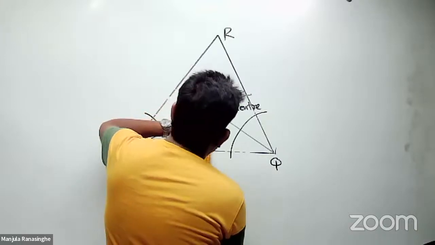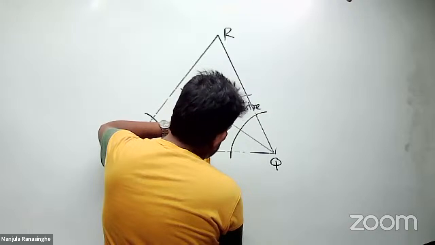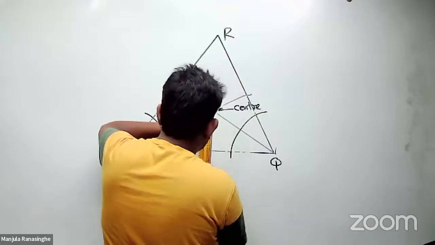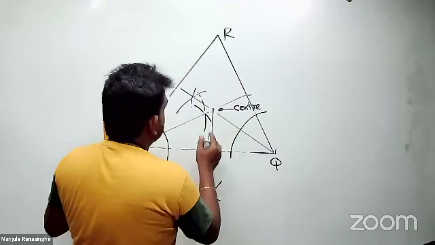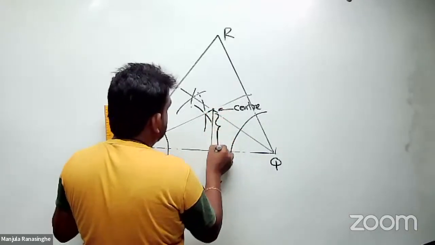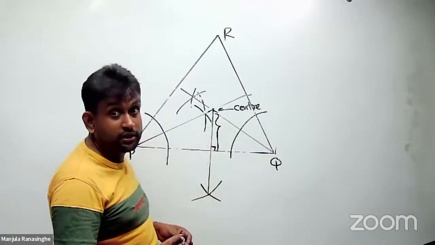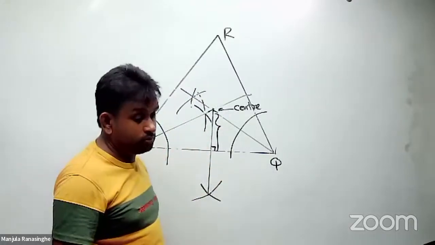And from here, I connect this one. So that is the perpendicular from here to here. Now that is the perpendicular drawn. That is not a perpendicular bisector. That is a perpendicular drawn to PQ.